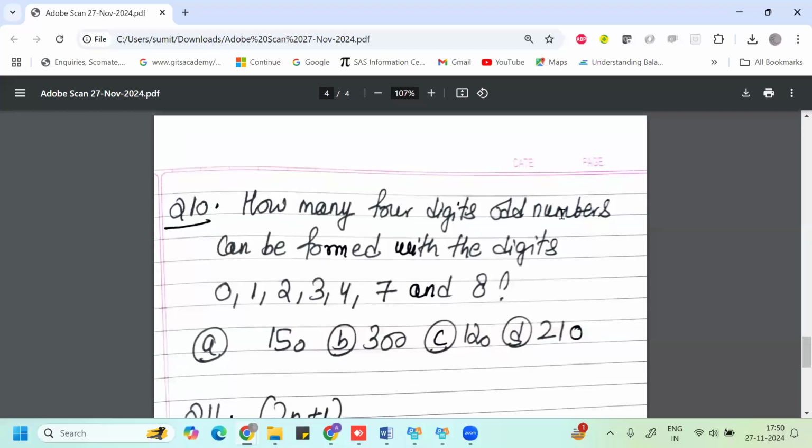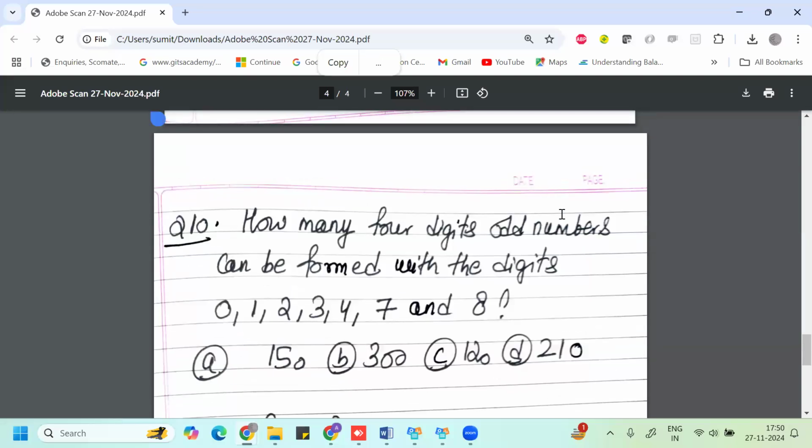Clear now? Now try this question number 10. Try question number 10.